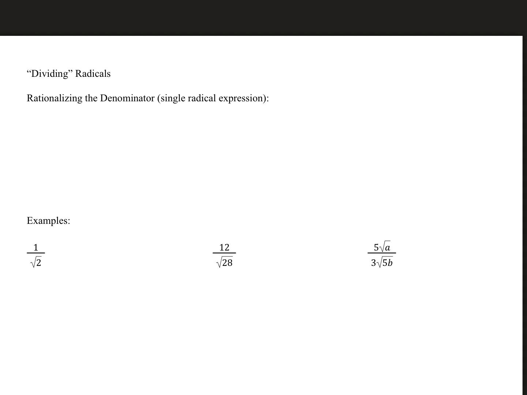So we do something called rationalizing the denominator. And I'm specifically going to talk about right now if we have a single radical expression. That means we're dividing by a monomial, which is one term.